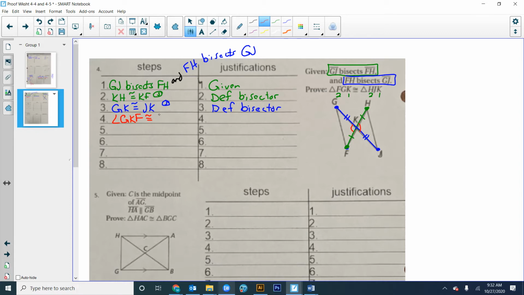And then HKJ. You need to start at the blue segment on this one. So JK, perfect. JKH. Vertical angles. So we have a pair of angles congruent now.